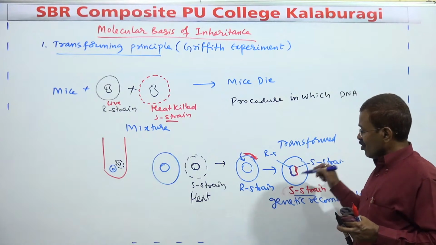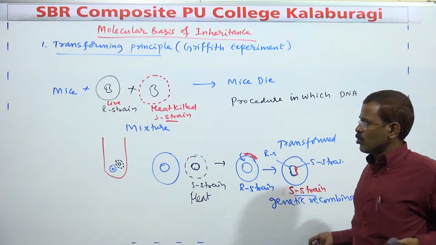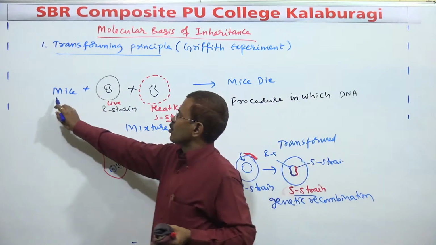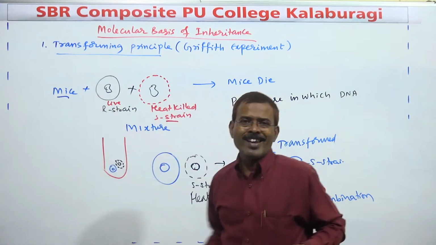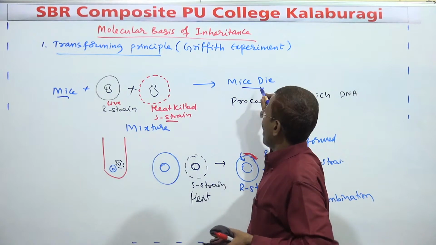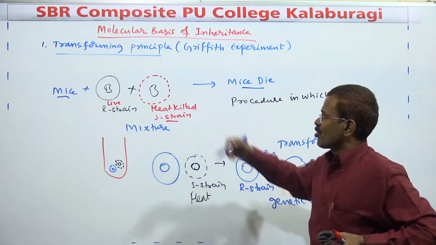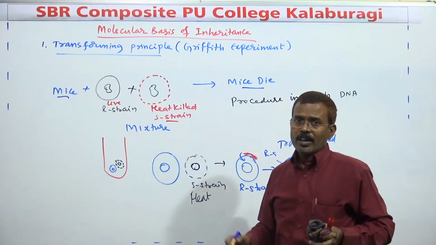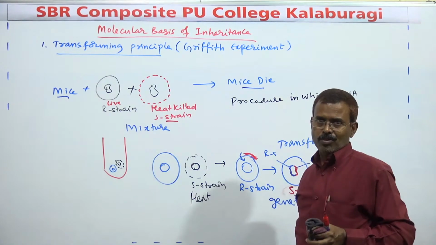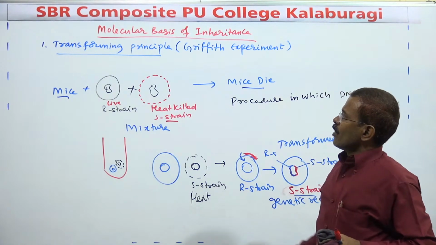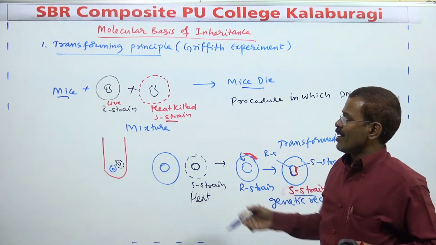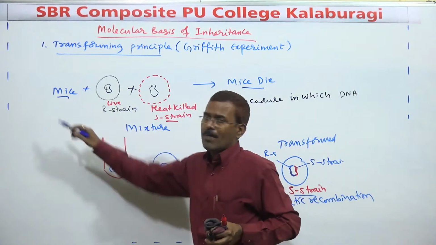As the S strain is virulent or pathogenic, the mice develop pneumonia symptoms, hence the mice die when this mixture is injected. So this is how Griffith conducted his in vivo experiment on mice.